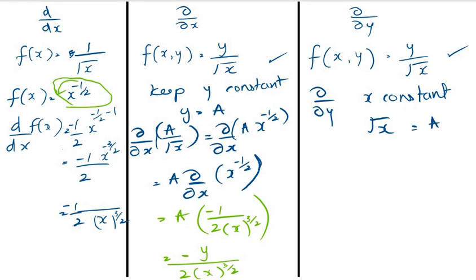So let's write the function. The partial derivative with respect to y, we write it as y over a. Since a is a constant, we can take this out. We know the partial derivative of y with respect to y is 1. So it will be 1 over a. And a is equal to square root of x. That would be the answer.